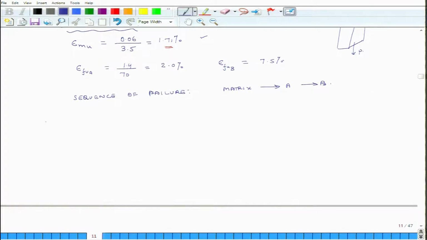So, the next thing is the load when nothing breaks. That is the next thing we are trying to figure out. This is the second one.